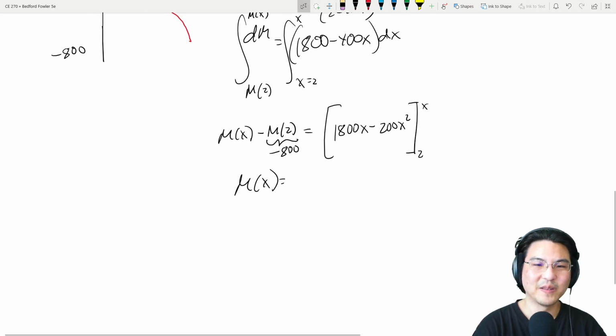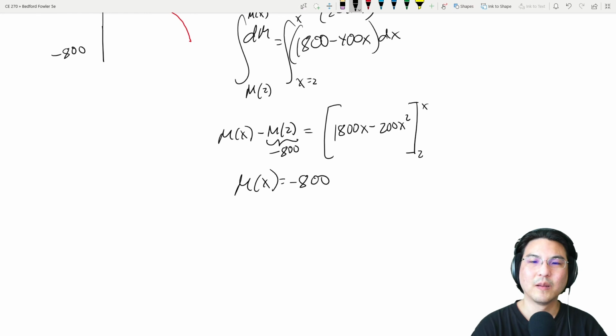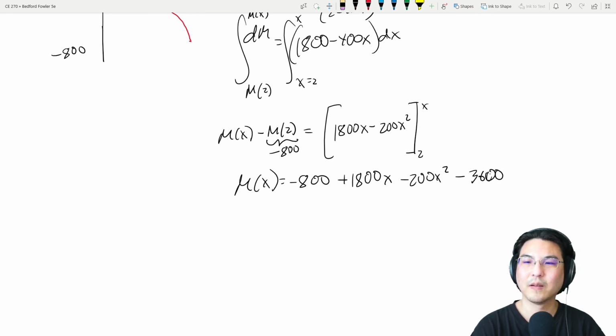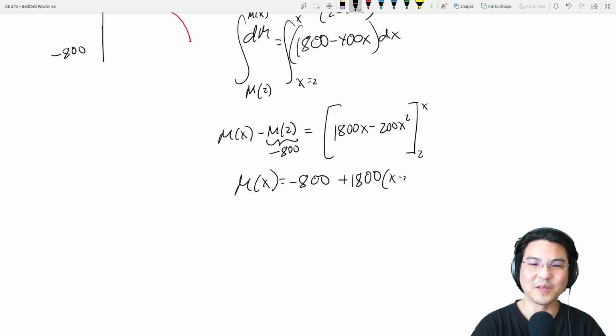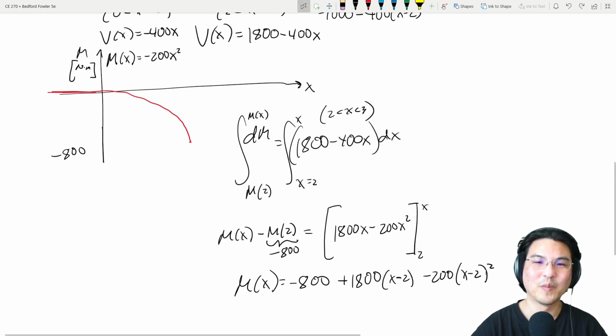Then this is 1800x minus 200x squared minus 1800 times 2, 3600. Maybe I can just write it like this, it's easier: 1800 times (x minus 2), minus 200 times (x squared minus 2 squared). I mean, you can simplify it, but I'll just leave it like that for now.